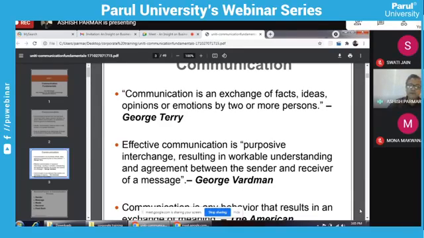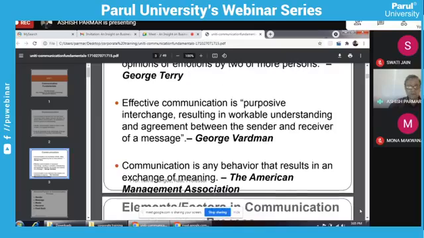Another quote by Mr. George Verdon: effective communication is purposive interchange resulting in workable understanding and agreement between the sender and the receiver of a message. So these are a few quotes.